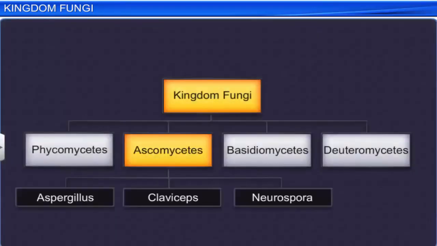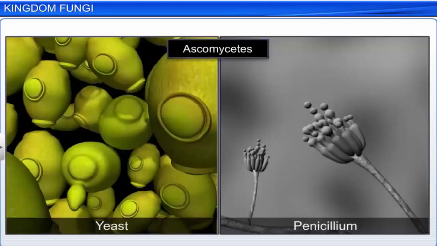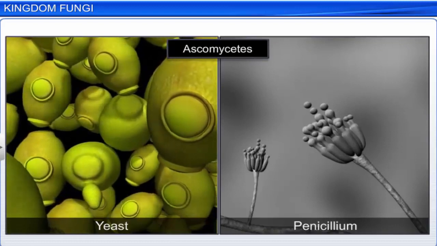Members of the ascomycetes class are commonly known as sac fungi. For example, Aspergillus, Claviceps, and Neurospora. They can be unicellular like yeast or multicellular like penicillium.